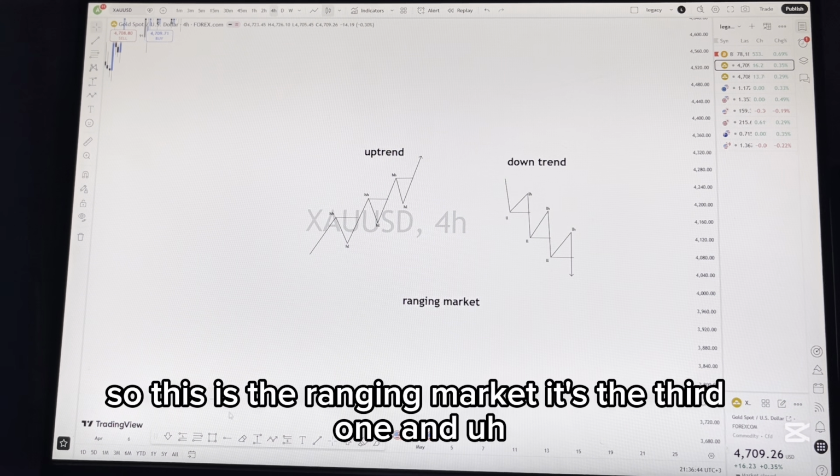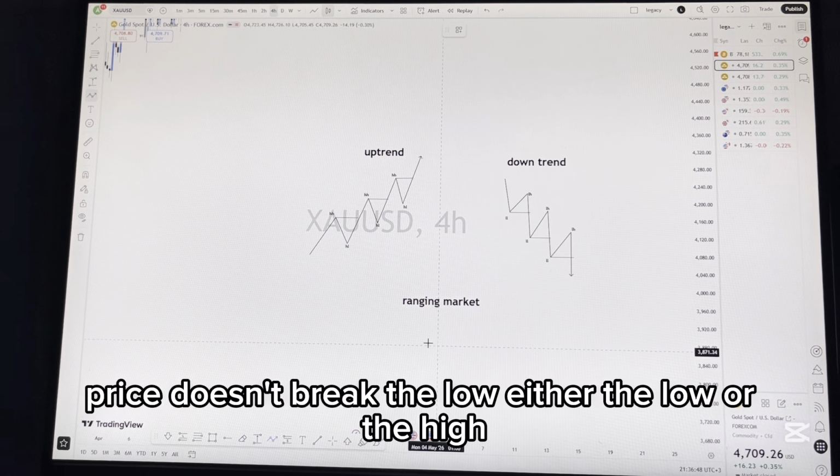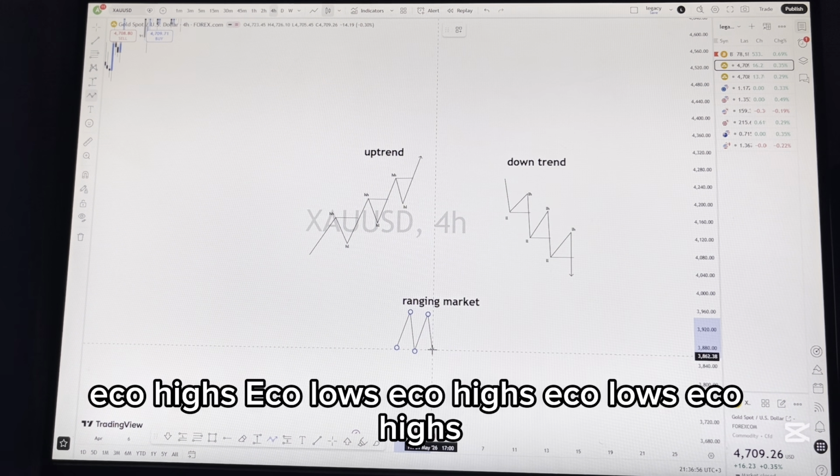It's the third one, and you can see the price. What does price do? Price doesn't break the low or the high. It just consolidates, creating equal highs, equal lows, equal highs, equal lows.